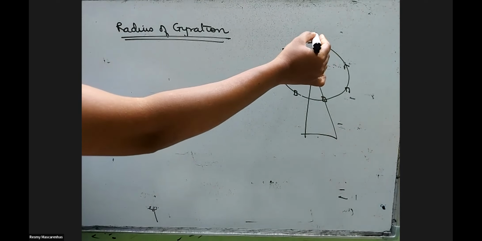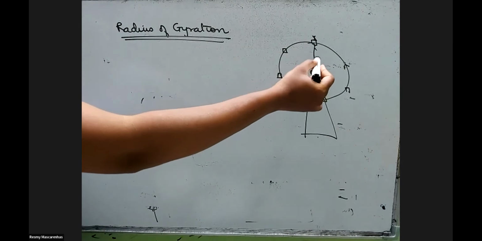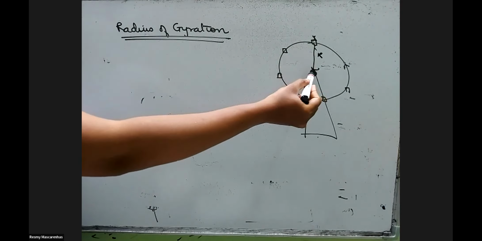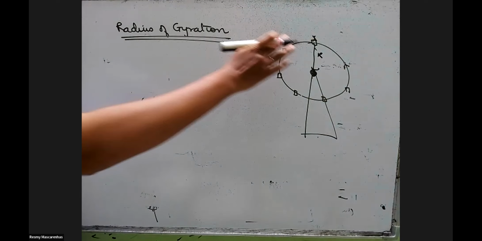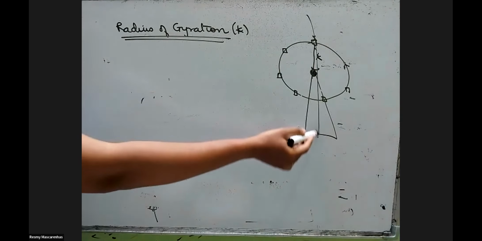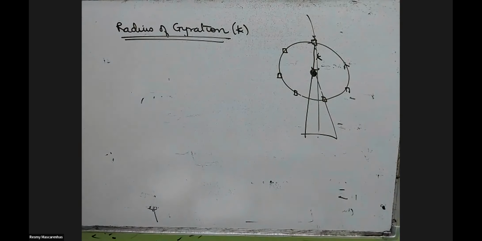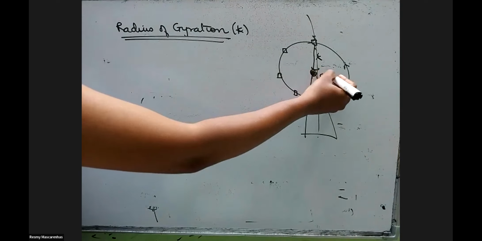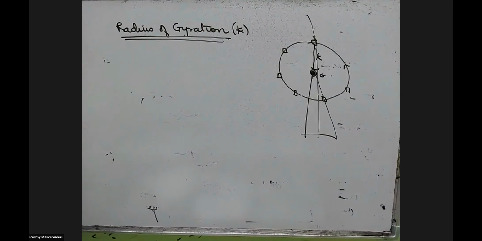Now if you are sitting here, for you the radius of gyration would be the distance from the main center of mass, and here we'll use the letter K. Or it is the distance from the axis of rotation to the point where the mass is assumed to be concentrated. Where mass is concentrated means basically the distance from the center of mass.